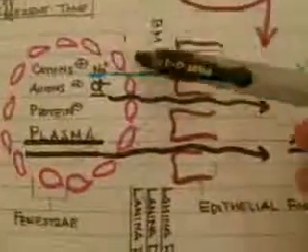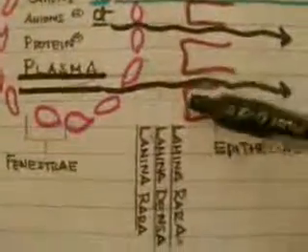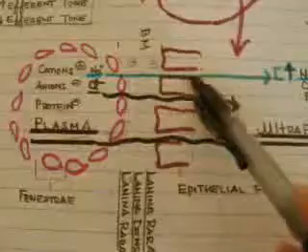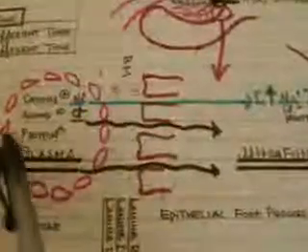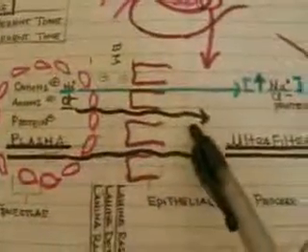pass through the endothelium fenestrated gaps, passes through the basement membrane, which is made up of the lamina rara and the lamina densa, and then passes through the foot processes of the epithelial cells within the Bowman's capsule. And this is what causes or what creates the filtration of the ultrafiltrate of the plasma.